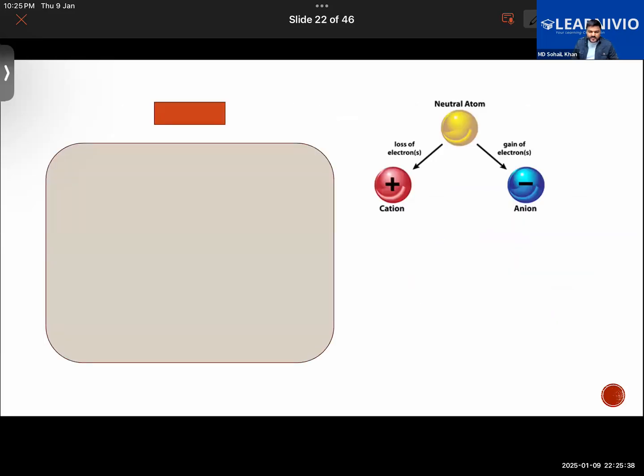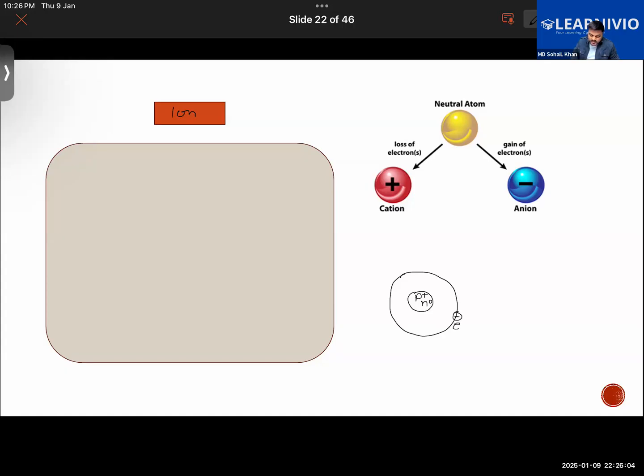About the ions, generally in any given atom, in the nucleus you have protons and neutrons. Protons are positively charged; neutrons have zero charge. So let's not talk about them. Let's talk about the electrons, which have negative charges.